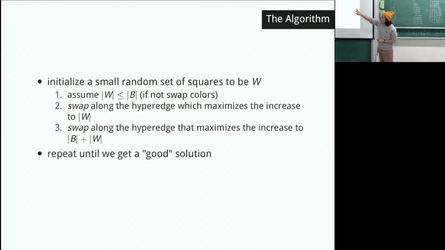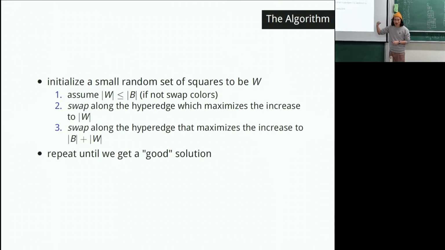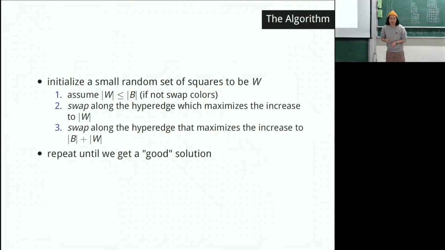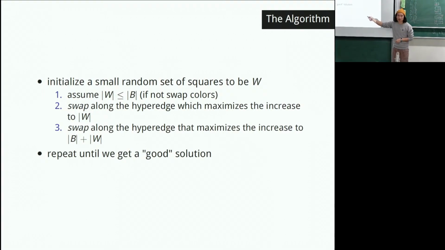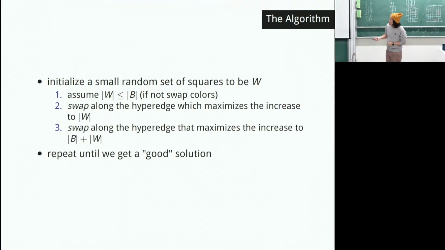Remember, we really only want to maximize the min of white and black. But it turns out that it is useful to increase the total number of queens at some steps of the algorithm. This might even make the min smaller, but we found that globally it makes the algorithm perform better. So there are some steps of the algorithm that increase the total number of queens by swaps. And we just repeat this.